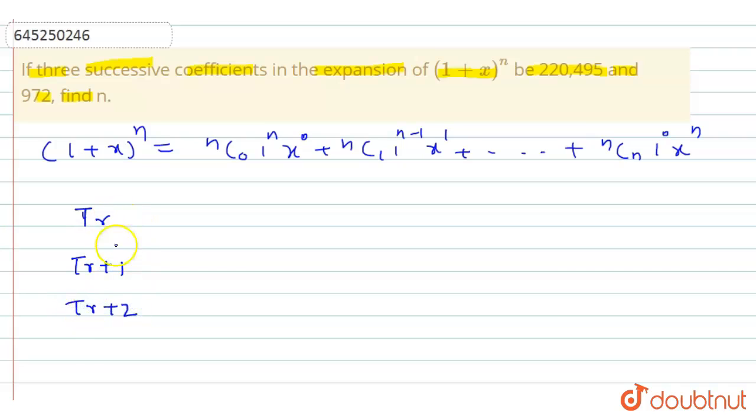So these are three successive terms in the expansion of (1 + x)^n. The term tr is nC(r-1) 1^(n-r+1) x^(r-1), and the term tr+1 is nCr 1^(n-r) x^r.